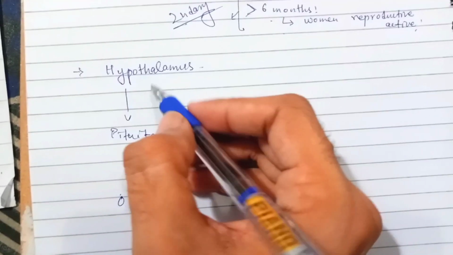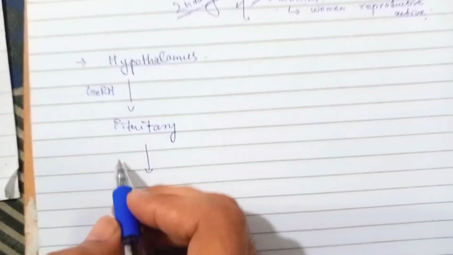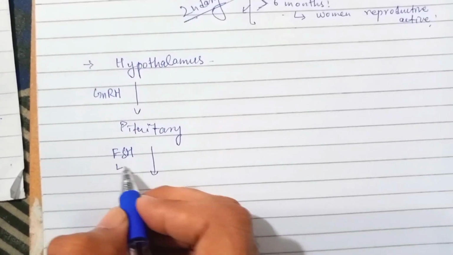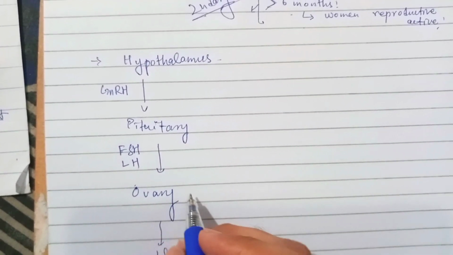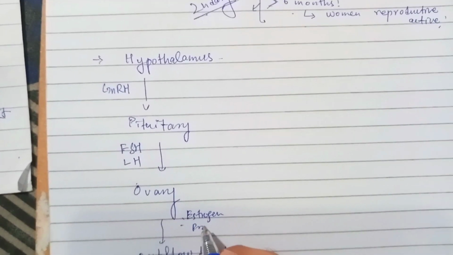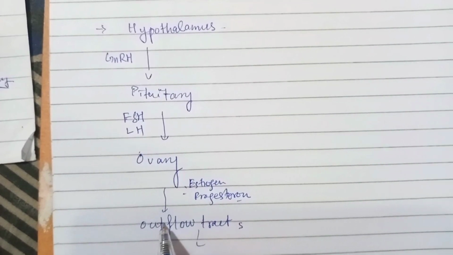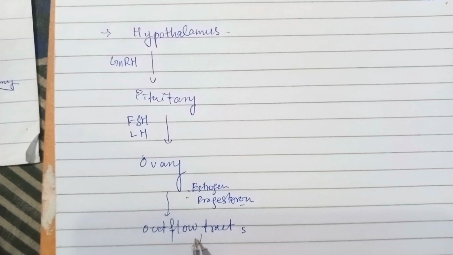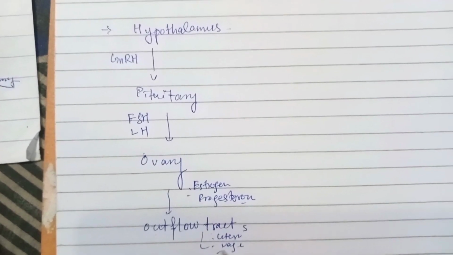Number one, the hypothalamus releases gonadotropin releasing hormone that activates the pituitary gland, and then the pituitary gland releases follicle stimulating hormone and luteinizing hormone. These hormones activate the ovary, and from the ovary there is release of estrogen and progesterone. These hormones ultimately make the changes in the outflow tracts, including the uterus, vagina, and the breast.